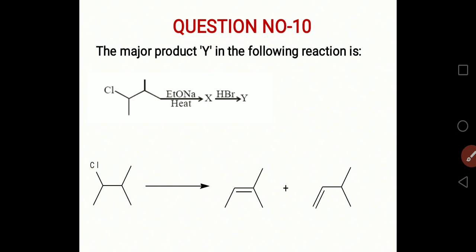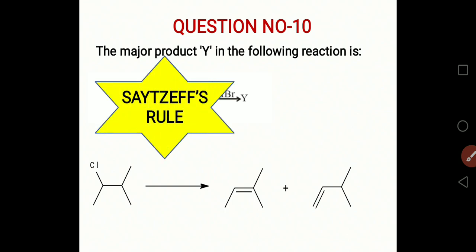According to Saytzeff's rule, that alkene is the major product in which a lesser number of hydrogens are attached to the doubly bonded carbon atoms. So this one is major in this case, and this one is minor according to Saytzeff's rule.